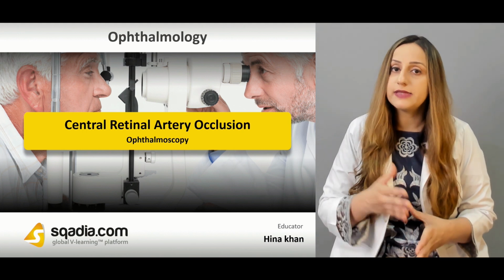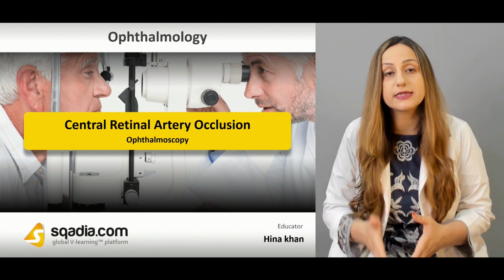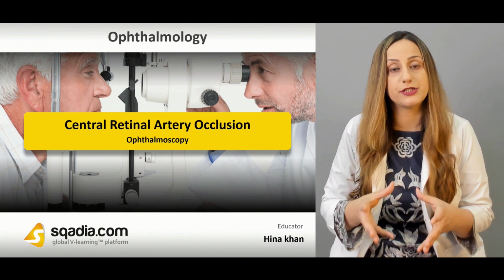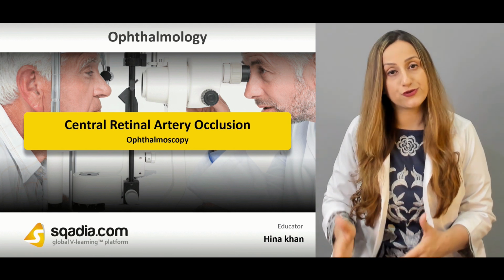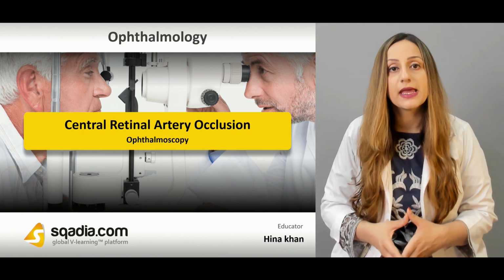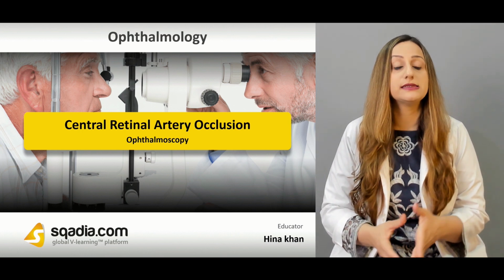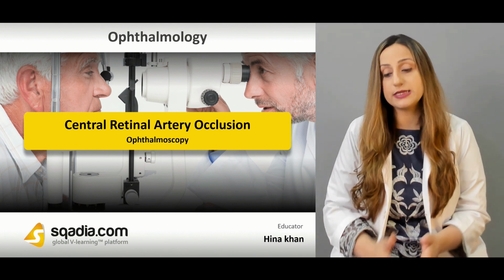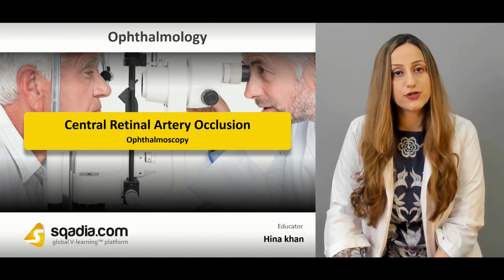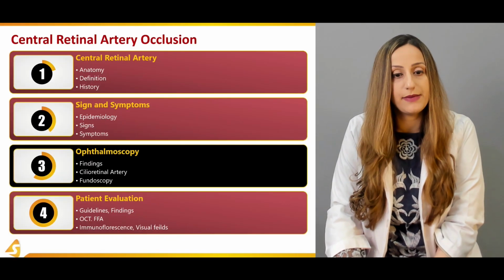That is when you're going to observe rubeosis iridis in the iris, which is one of the signs of central retinal artery occlusion. Then we move on to ophthalmoscopy, and these findings are the mainstay towards the diagnosis of central retinal artery occlusion.